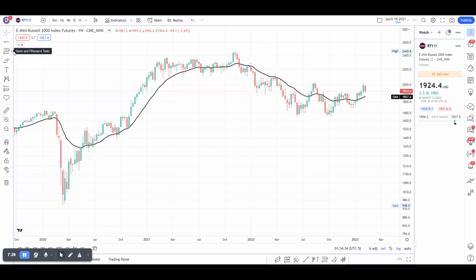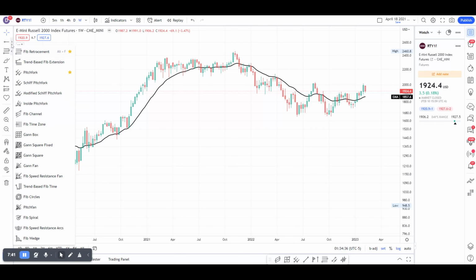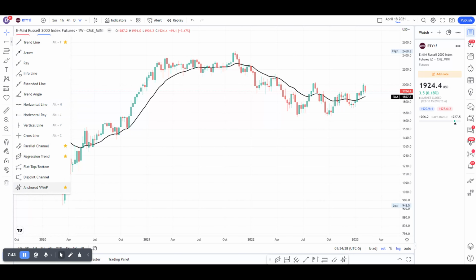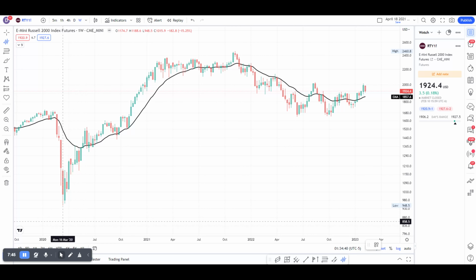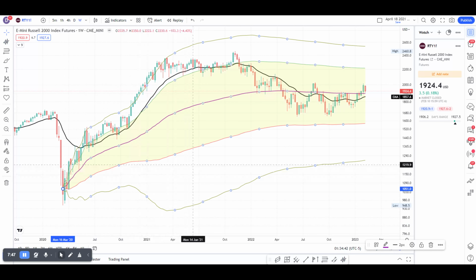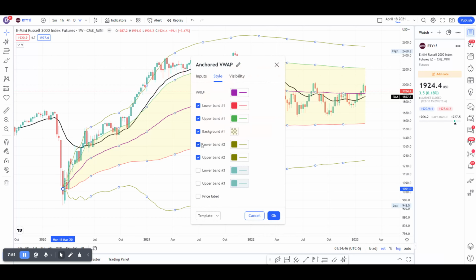So let's look at the anchored VWAP, which is here, and I'm going to take it from the very low. Then I'm going to remove all the other things, the lower bands, and keep one band.